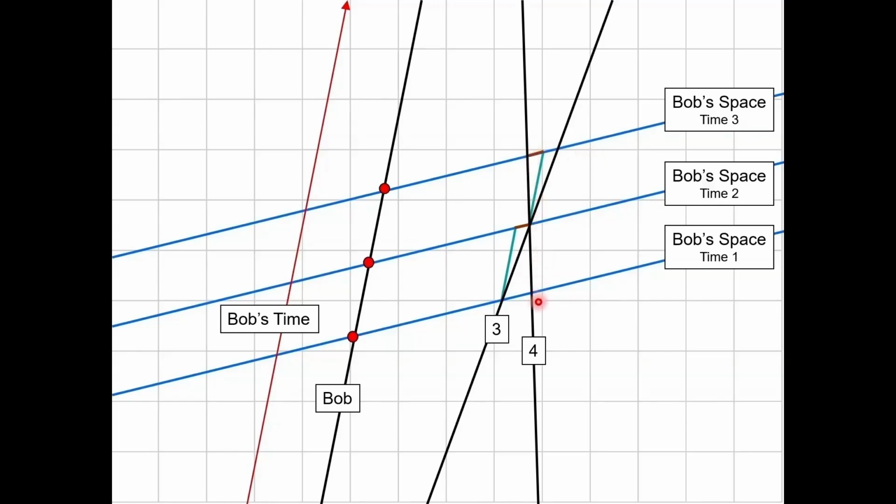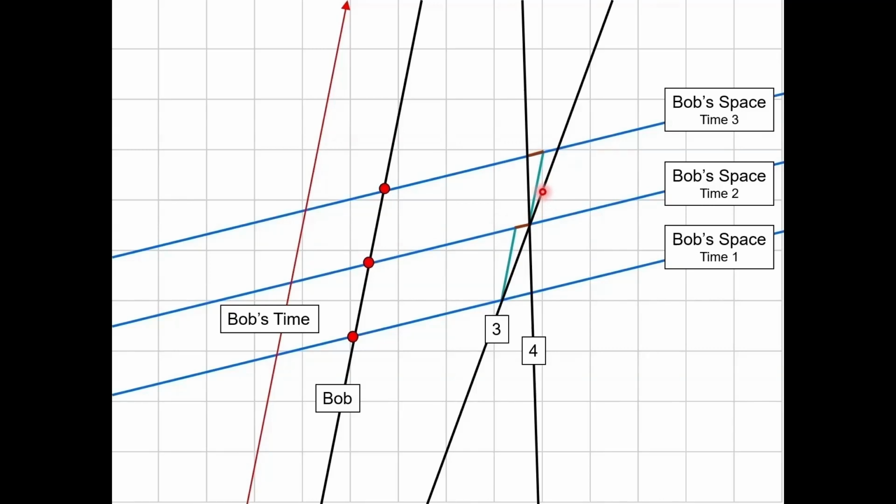And now we look at world line number 4. Then the distance between particle 4 and Bob decreased by this brown segment over this amount of time, which means it has the same speed as particle number 3.